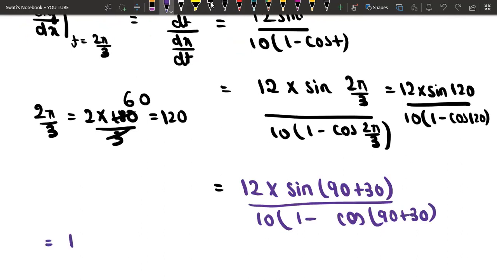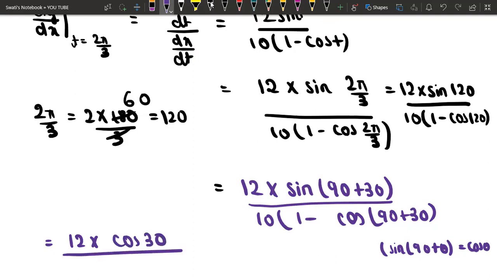Now I can write this as 12 times sine. Sine 90 plus theta has a formula cos theta. So using the formula sine 90 plus theta is cos theta, this will become cos 30. And upon 10 times 1 minus cos 90 plus theta, which is minus sine theta.